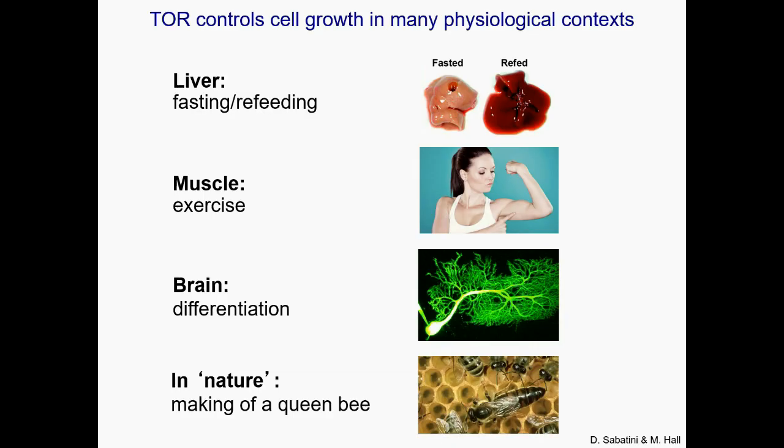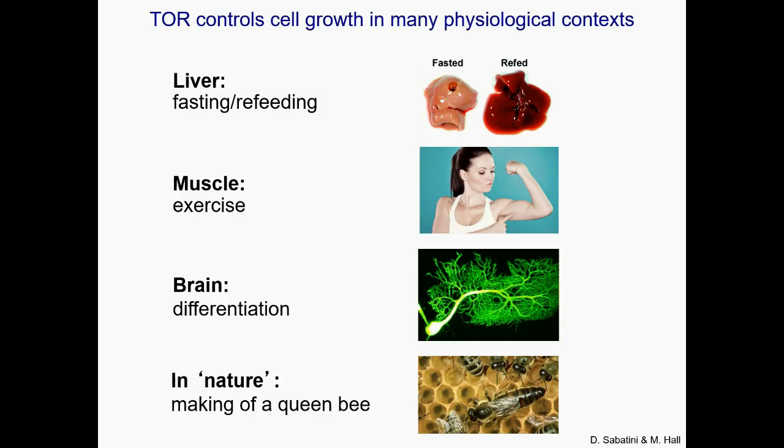In the central nervous system, there are some very dramatic changes of not only cell size, but cell shape. And someone has actually even shown that queen bees are larger because the larvae which give rise to the queen bee are fed a special so-called royal jelly, highly nutritious royal jelly, which induces the TOR pathway to give this larger bee.